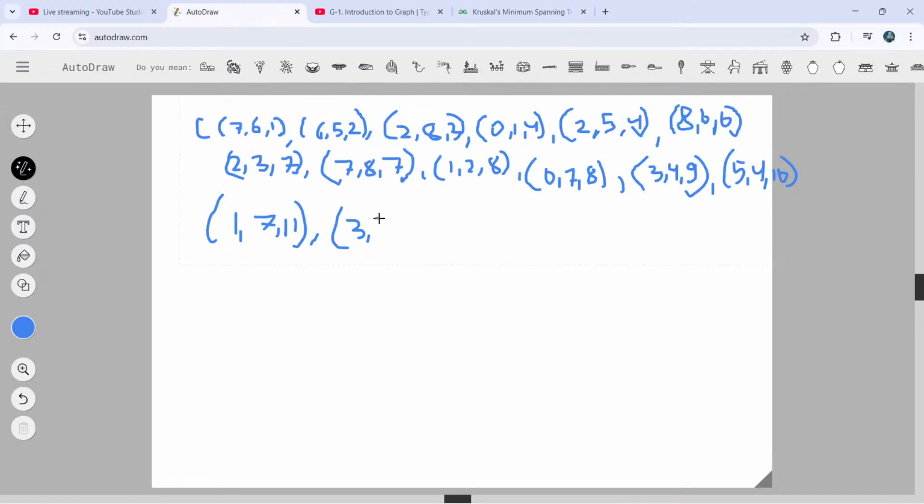So we have sorted all the edges by increasing order of their weights. 1, 2, 3, 4, 5, 6, 7, 8, 9, 10, 11, 12, 13, 14. So we have 14 edges sorted by weight.